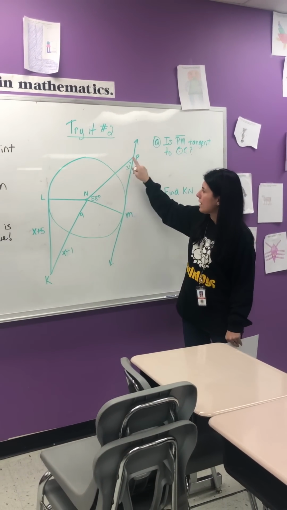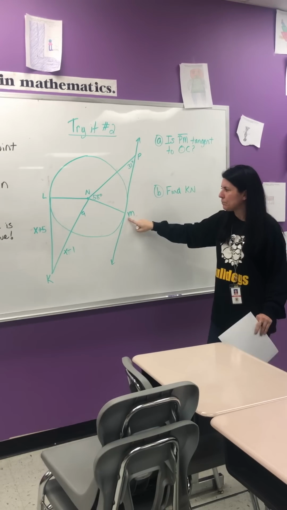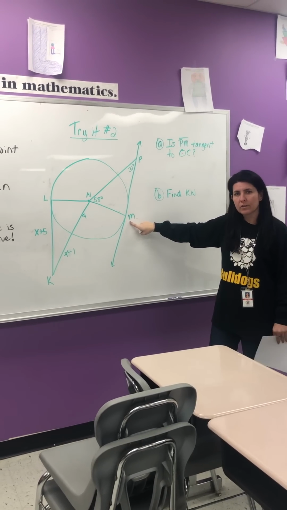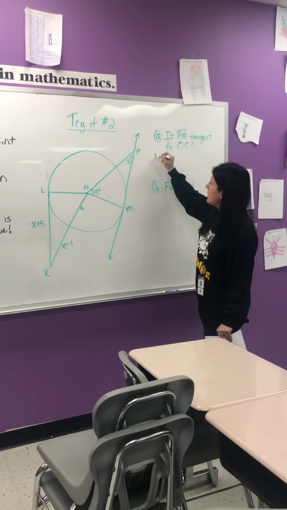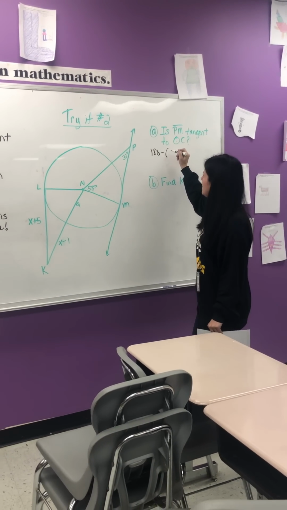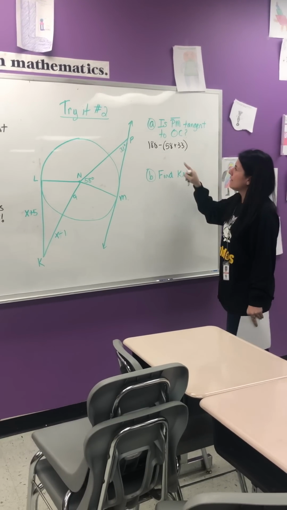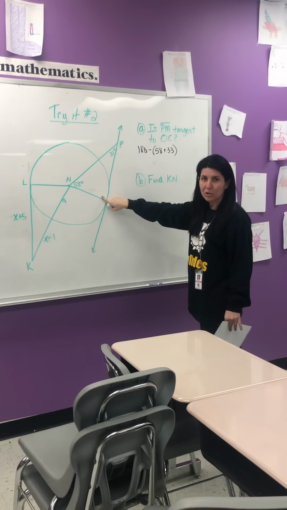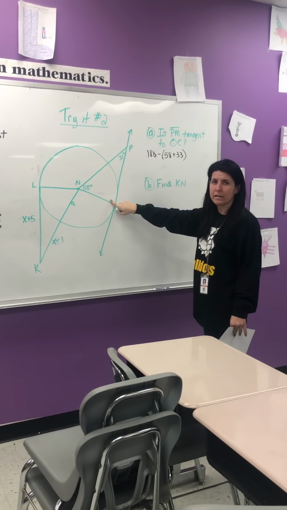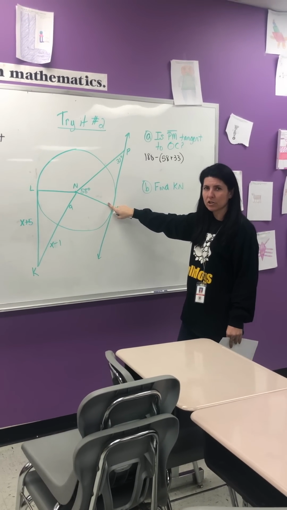If we look at this triangle, NPM, we know that triangles have to add up to 180 degrees. So if we take 180 and we subtract 58 and 33 from that, that tells me what this angle is. And we're looking to see if that angle is 90 degrees, because if it is, then it would be a tangent line.